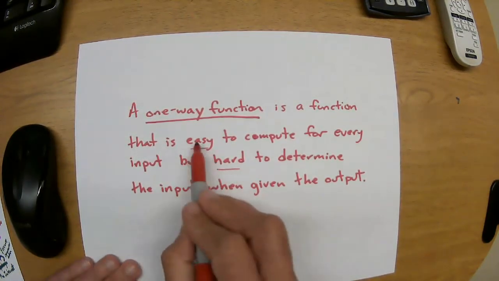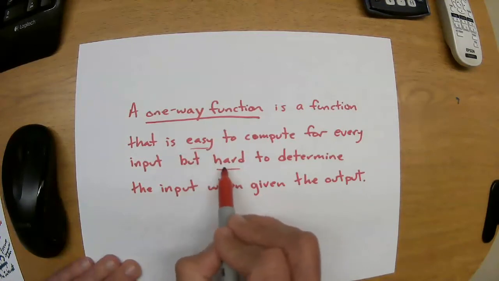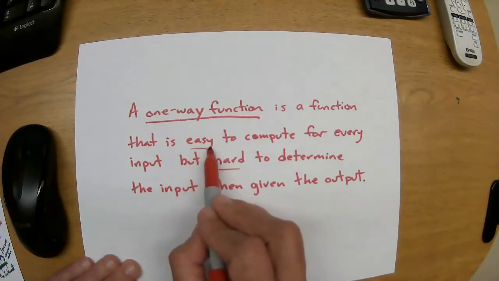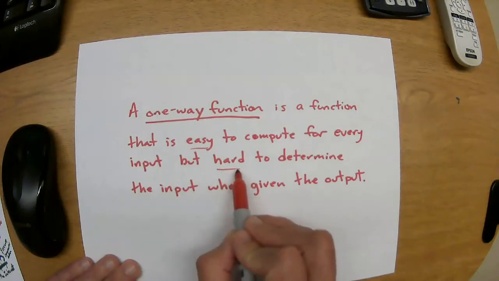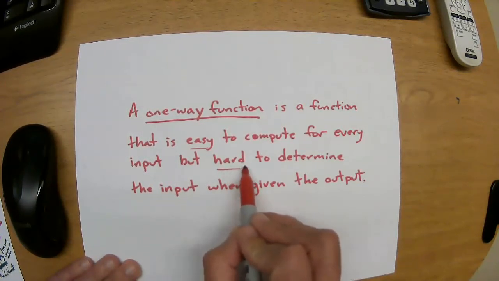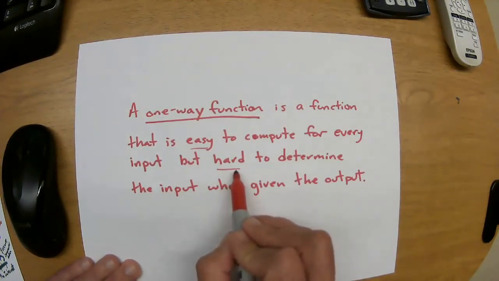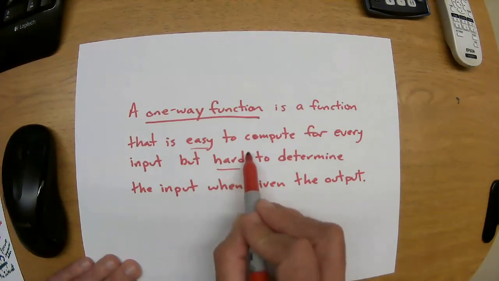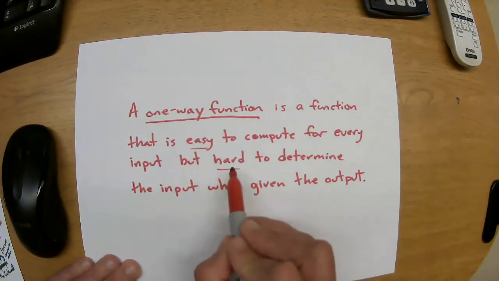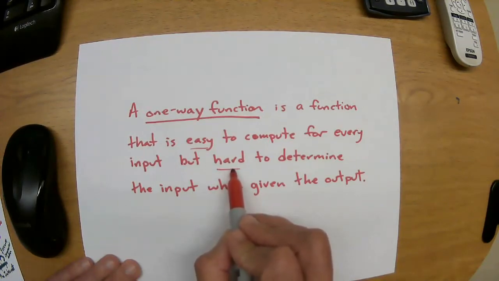Easy and hard are kind of ambiguous words to define. Easy just generally means a computer can calculate it real quick, and hard is somewhat dependent on the processing power that the computer has. But we do have the mathematical knowledge more than the technology to come up with problems that even very, very fast computers take a long time to do.